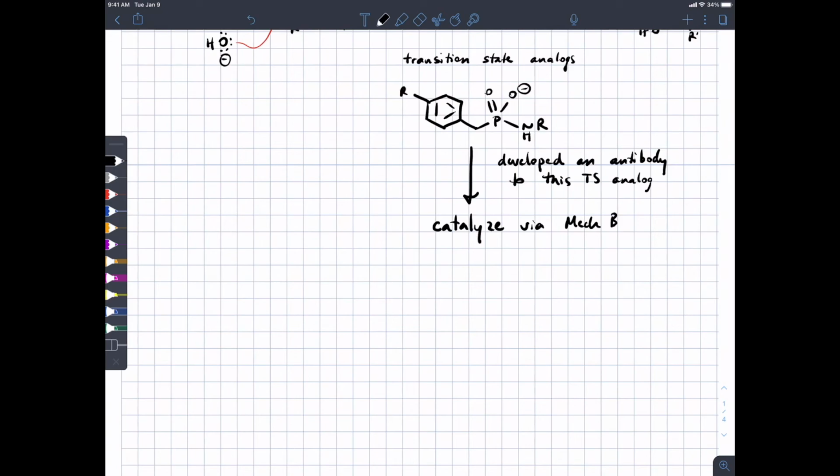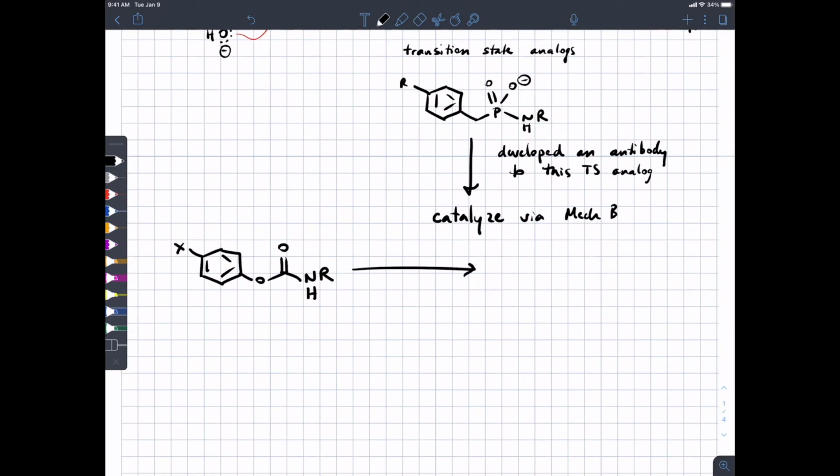So their big test of their hypothesis was to now take an aryl carbamate, it's an aryl carbamate ester, sorry, whatever, with a proton on the carbamate nitrogen, and then some R group here. And then they did the hydrolysis reaction in the presence of the antibody.